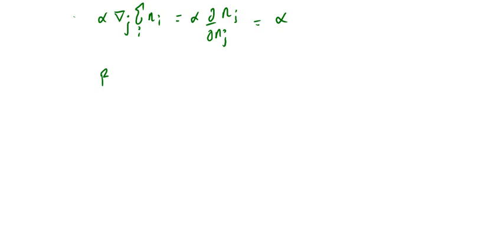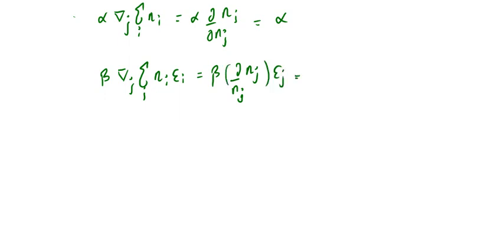Similarly, the beta term, the second term, is the partial with respect to n_j of the summation of n_i e_i. Again here i equals j, so this just becomes beta e_j.